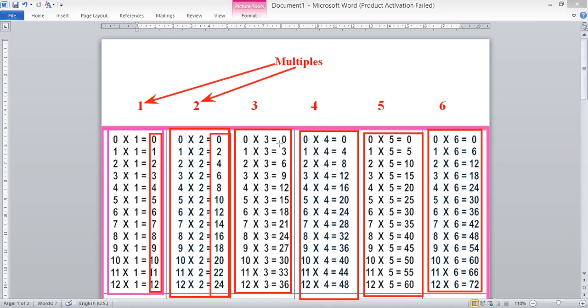In table 3, these numbers are the multiple of 3, and multiple of 4, multiple of 5, multiple of 6.